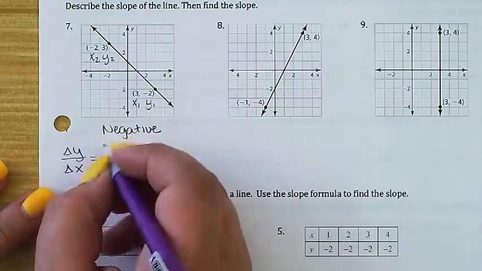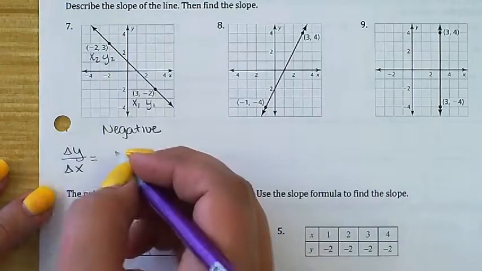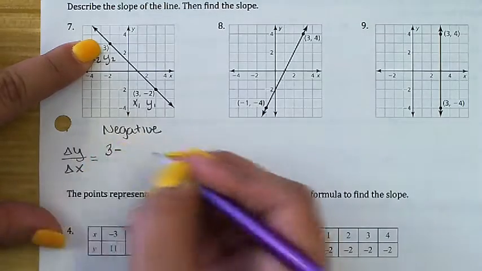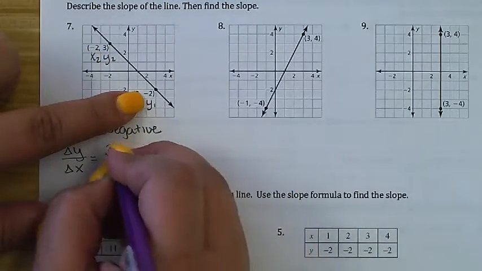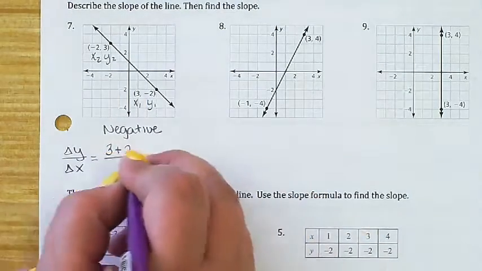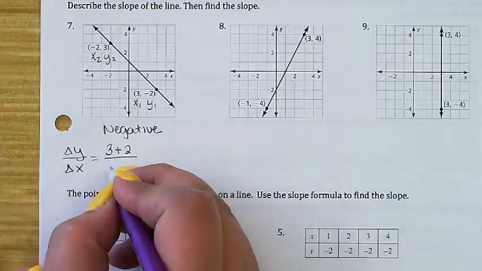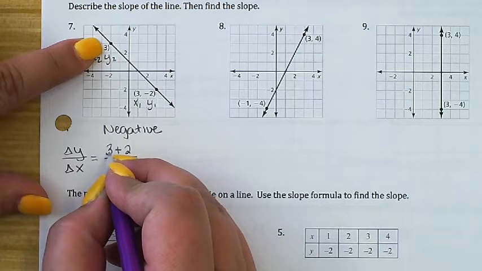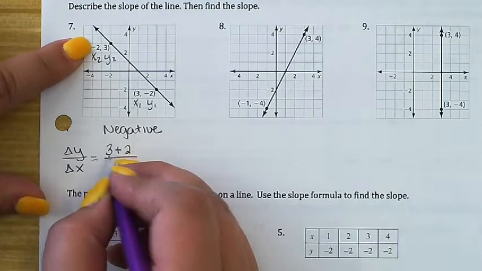So when we do that y2 minus y1, I might start with that 3 and say, okay, I'm going to do 3 minus, and then this is a negative 2. Well, minus a negative becomes a positive, so don't forget that. And on my x's, if I started with 3 and I made that kind of y2, then I need to make sure I start with this one.